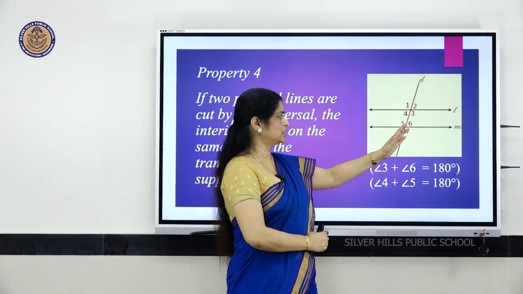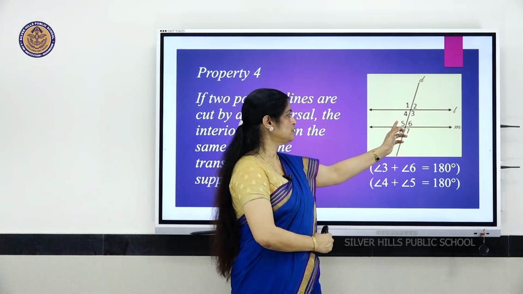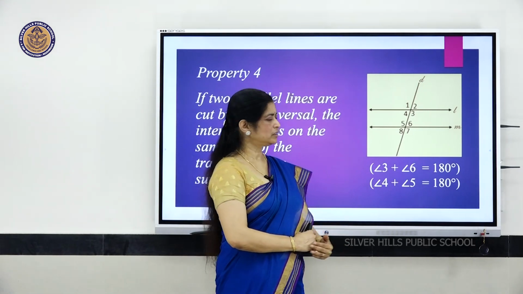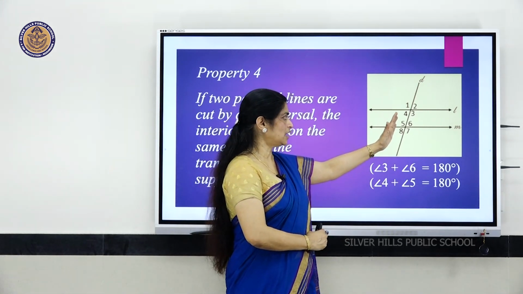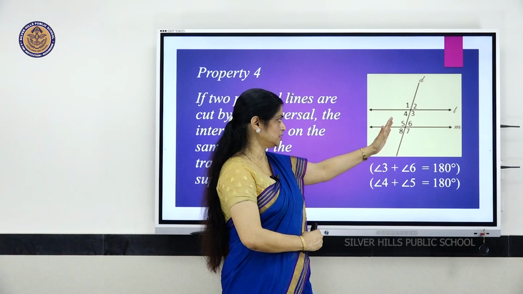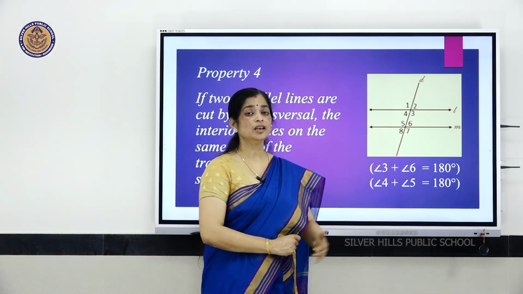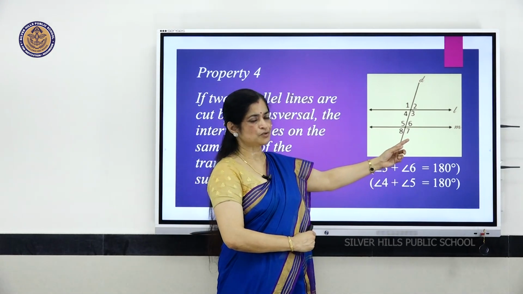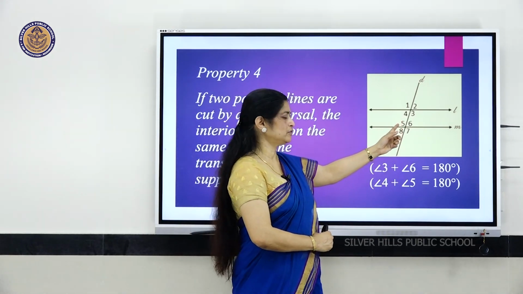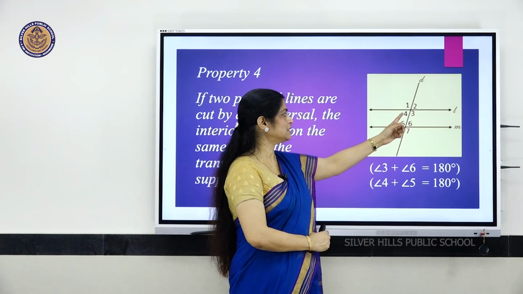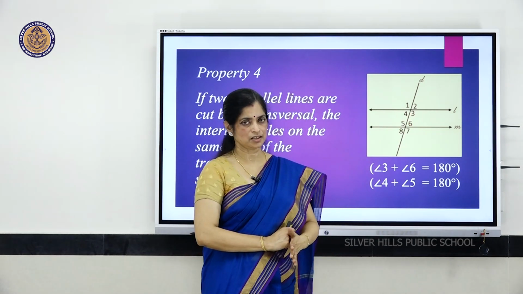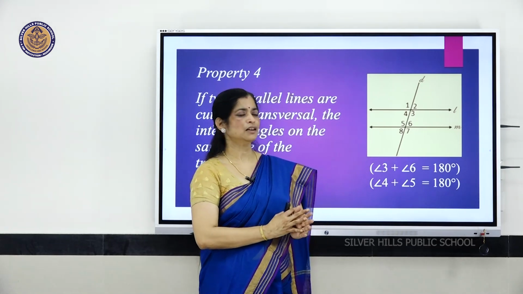The interior angles are 4, 3, 5 and 6. The property says that the interior angles which are on the same side of the transversal. Which are the angles on the same side of the transversal? It is 4 and 5 and the other one is 3 and 6. These are interior angles and they are on one side of the transversal.